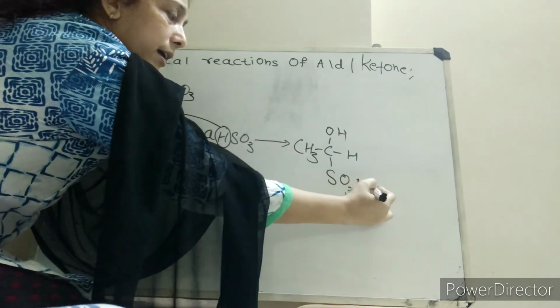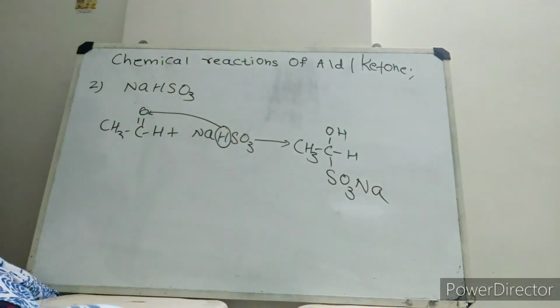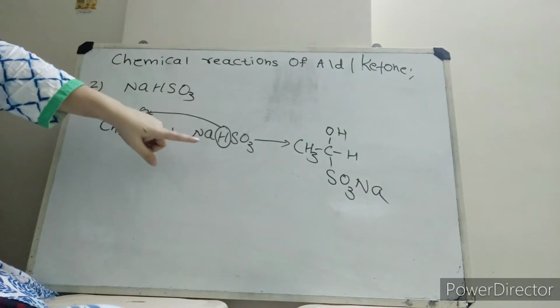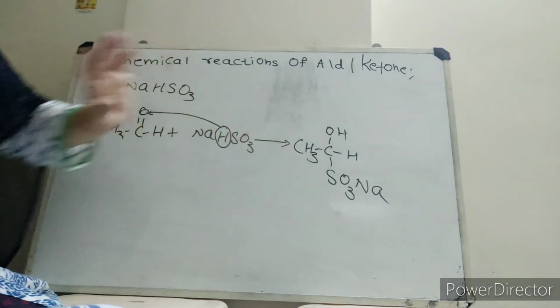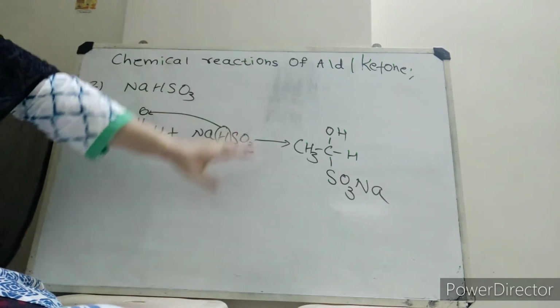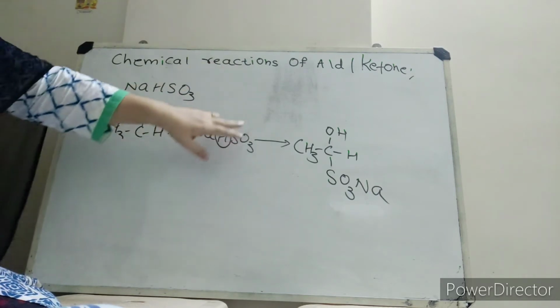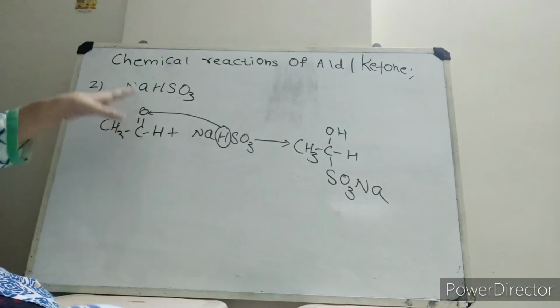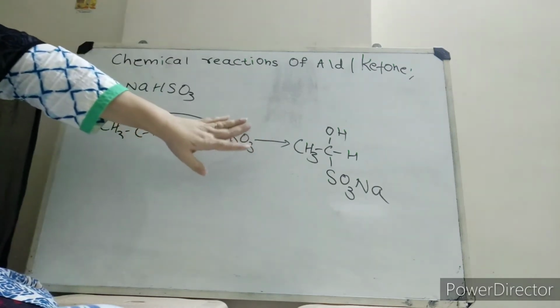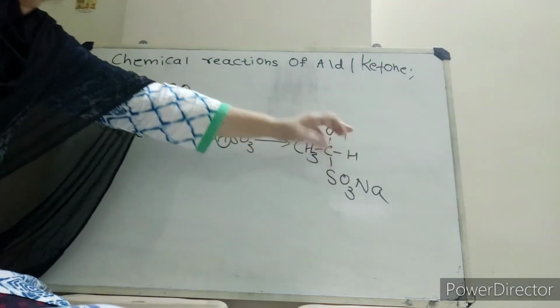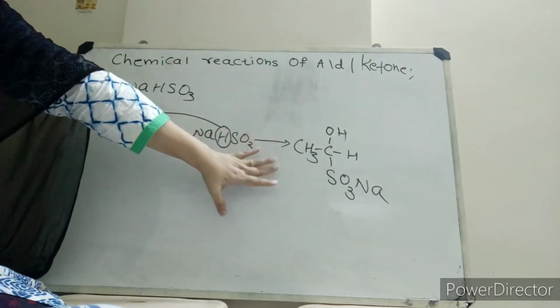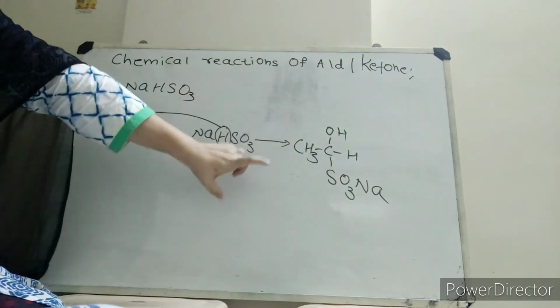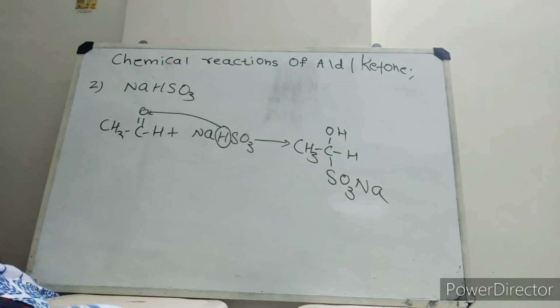So the product name is acetaldehyde sodium bisulfite. If NaHSO3 is combined with the acetone, then also the product will remain the same. Instead of this H, we have to write CH3, and it will be the acetone sodium bisulfite. So this is about the second one.